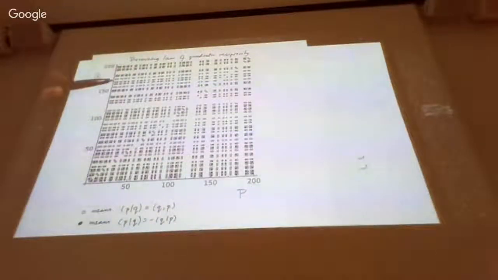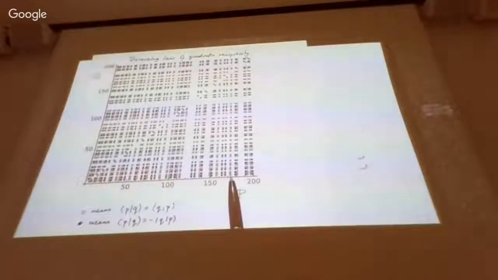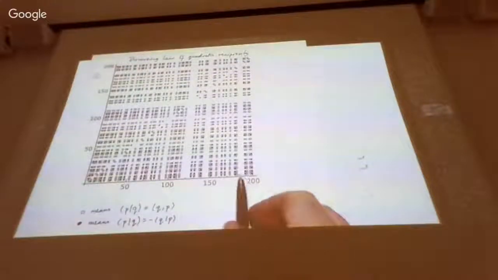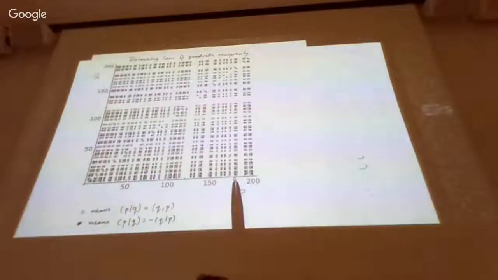This row here is all white. Under reflection, it goes to this column here, which is all white. There are no columns or rows that are all black. The blacks occur in columns or rows that are a mixture of whites and blacks. And if you look in one of those columns, you see it's roughly 50-50.